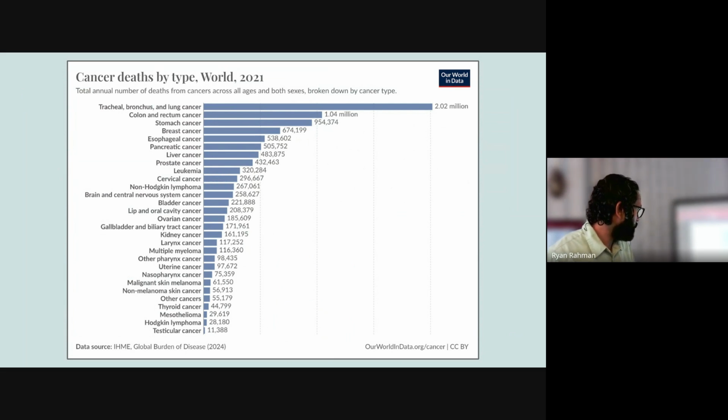That would probably be under head and neck or larynx. There's larynx, lip, oral cavity. I don't know where that would be classified, so maybe the lip oral cavity area. That's 208,000 in the world, just above ovarian.